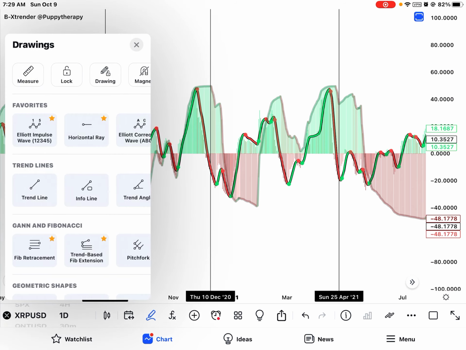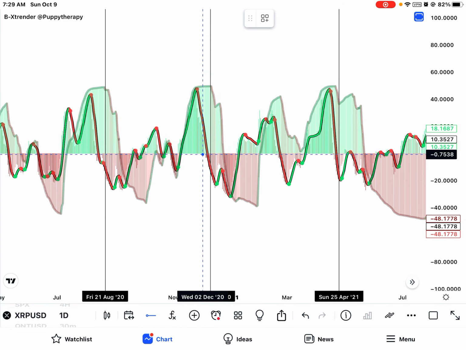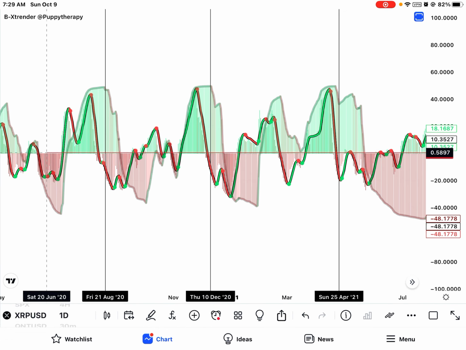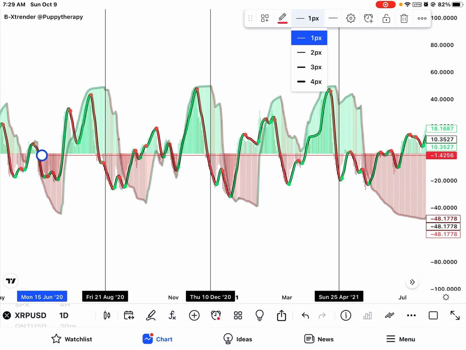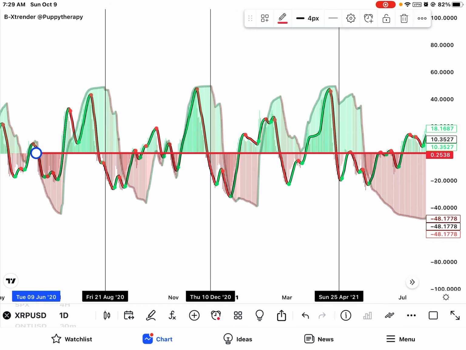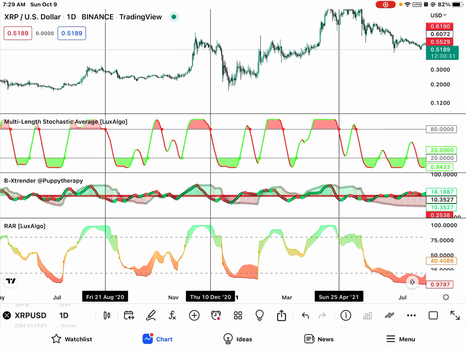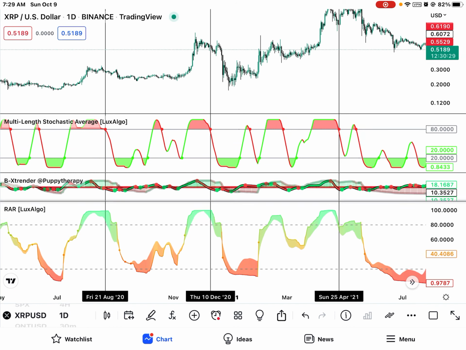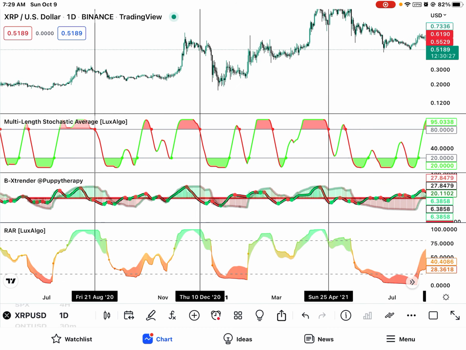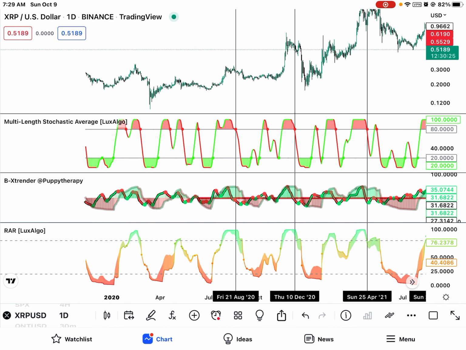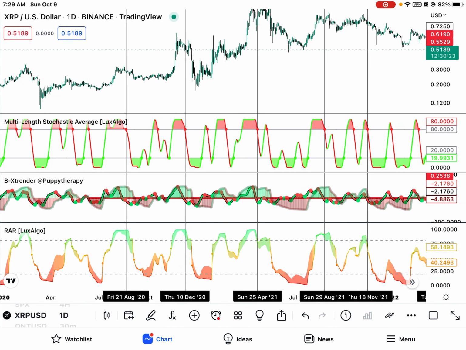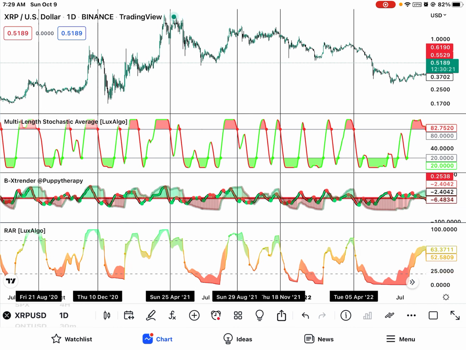The 0 line is over here. This is the 0 line right here. It has to be below the 0 line, and the RAR, this bottom indicator right here, has to be oversold. So every single time these indicators line up, we drop 45%.